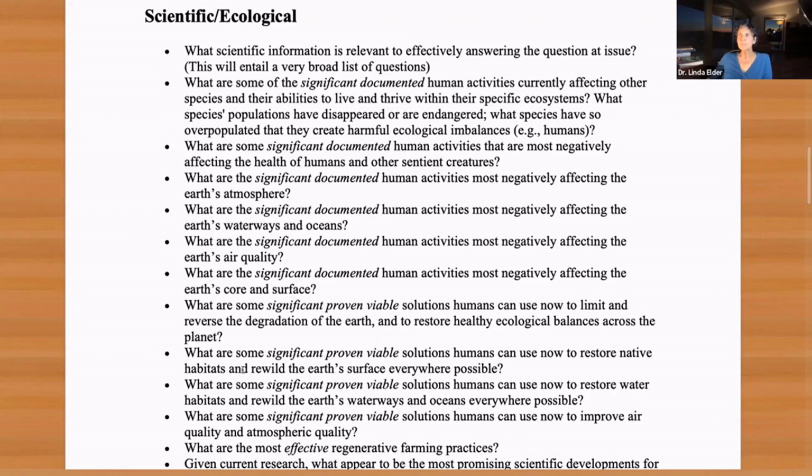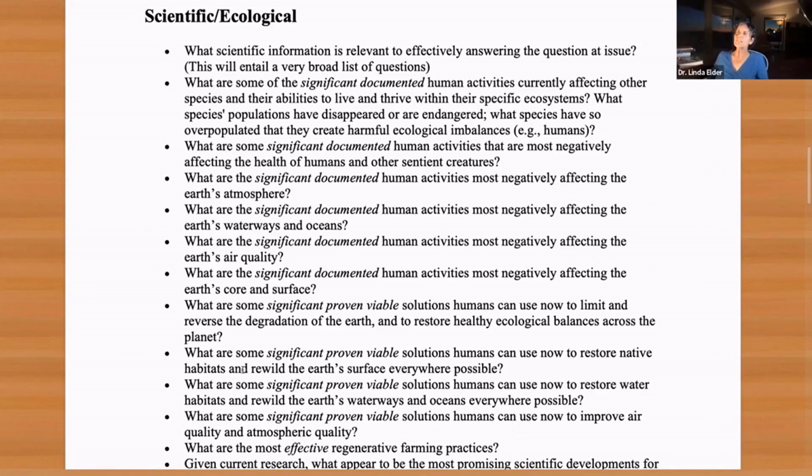What species populations have disappeared or are endangered? What species have so overpopulated that they create harmful ecological imbalances? For example, humans. Humans are, of course, the primary problem. But because of humans, there are also many other ecological imbalances.